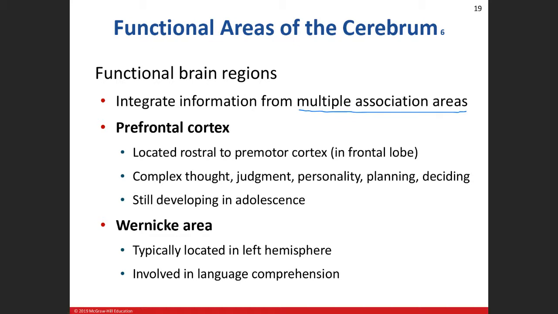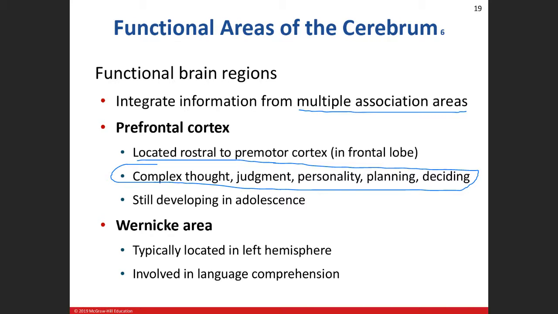For example, the prefrontal cortex is where you have your higher order thinking, basically your personality, who you are, your decision making, planning abilities, good or bad judgment. This is located in front of your motor cortex and your motor association areas.